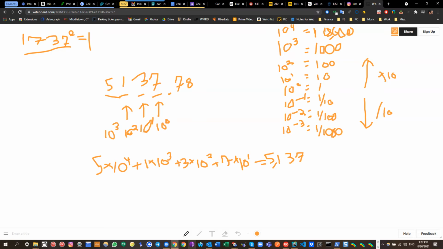So that's why anything to the 0th power is always 1, because when you raise anything to the first power, it's always just itself. So I'll use this random big number again. Raised to the first power, that's always itself.